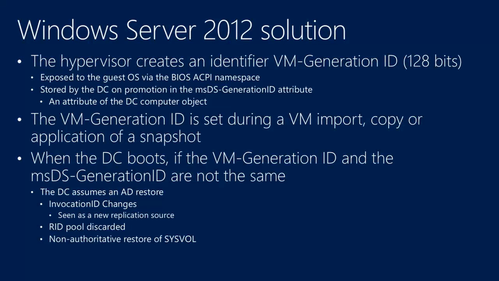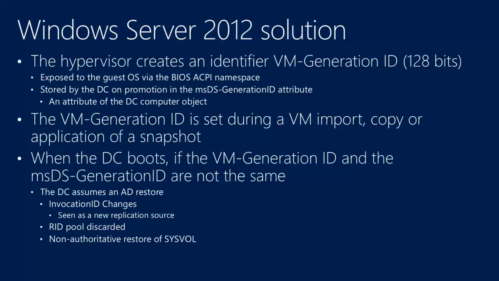It discards the RID pool, because if it's dropped back in time, what we don't want it to do is start reusing RIDs that it used previously. The RID is the back end of the SID. Let's say we generated a user with a RID of 1,000, and then we'd gone up to 2,000, and then we went back in time, our RID pool could be sitting at 1,000 again.